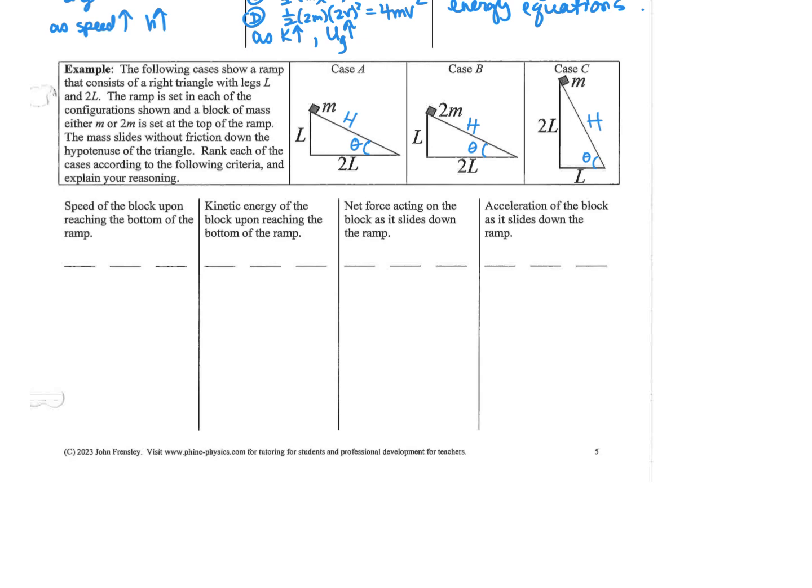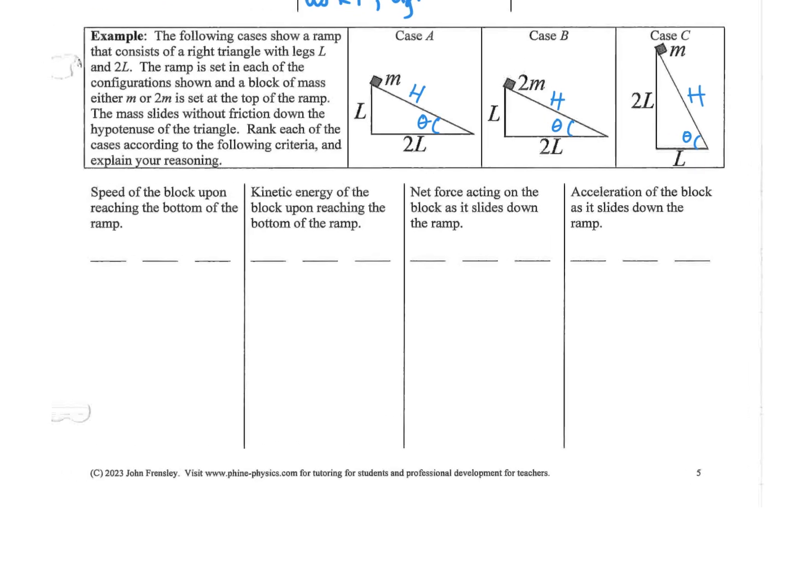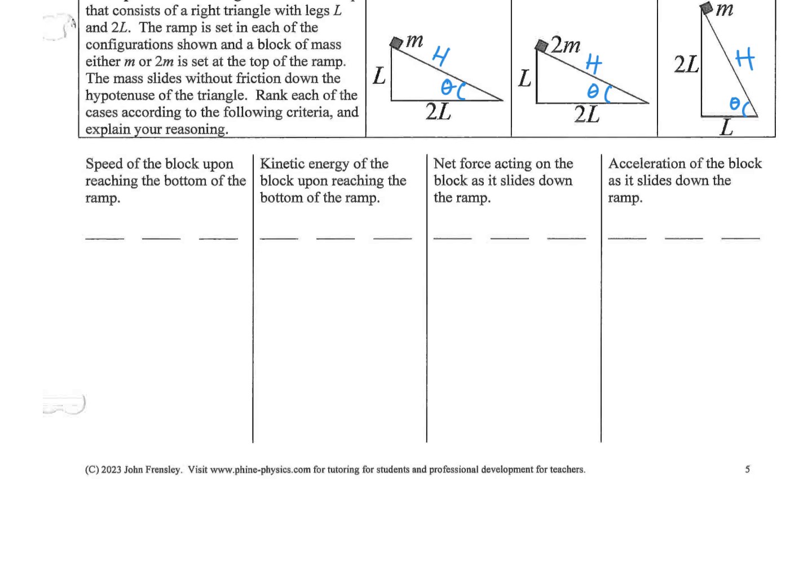Okay? All right. So how do we figure out the speed of the block? Well, let's figure out what we got. In each case, we start with gravitational potential, which in this case will be mgy equaling 1/2 mv squared. So what do we know? And this is for each block, so they'll have the m or 2m.